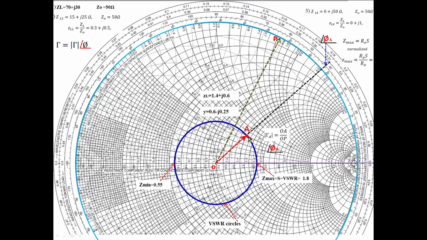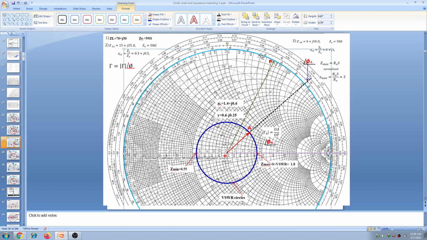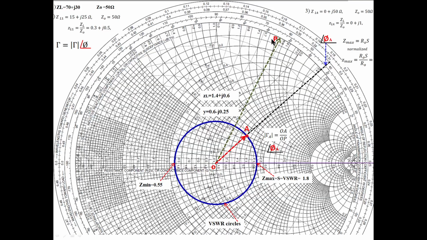Now to find the associated reflection coefficient, you draw a line from the center of the Smith chart. This is the center of the Smith chart. From the center, draw a line to the R equal to 0 circle.